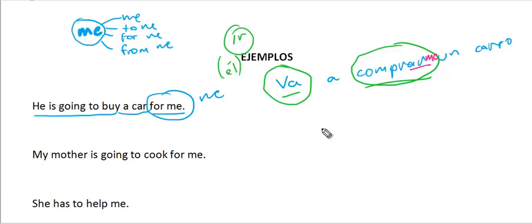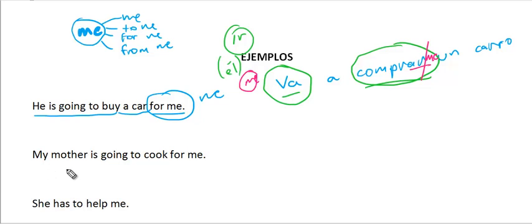And the rule also says that when we have a conjugated verb, the object pronoun can precede the conjugation of the verb. So if you say, él me va a comprar un carro, that is also fine. So it's either or. You can put it here, attached at the end, or you can put it preceding the conjugated verb. Okay?